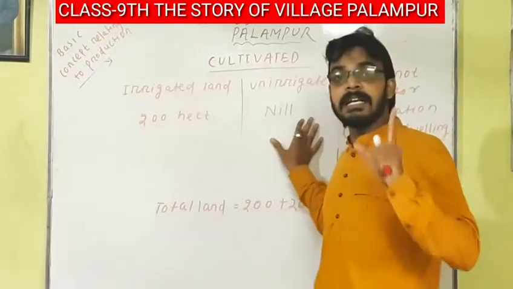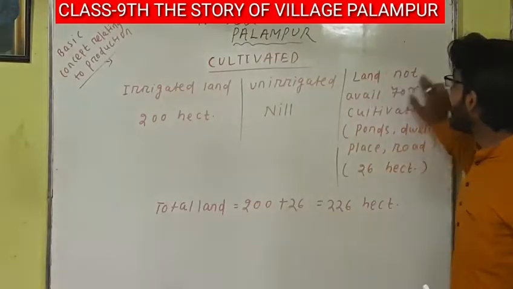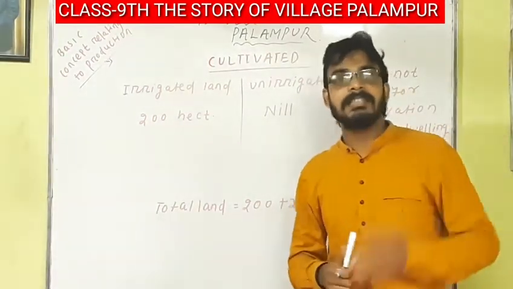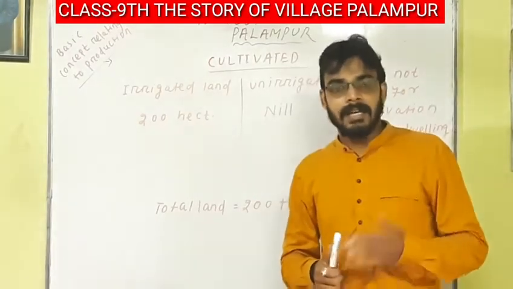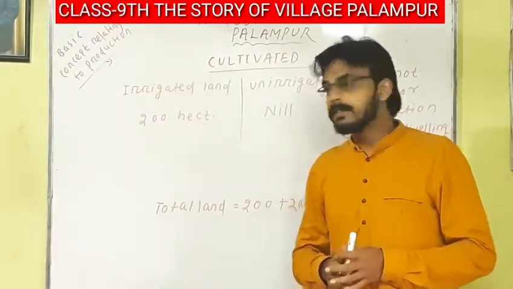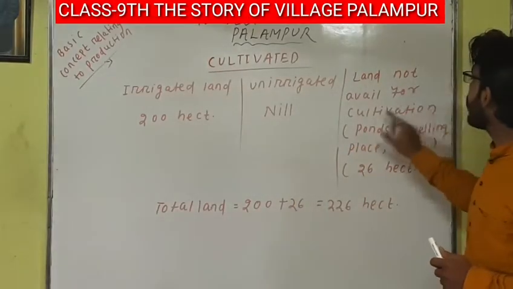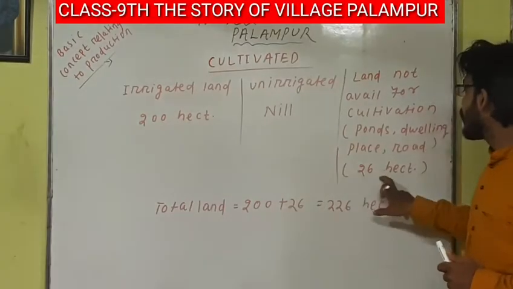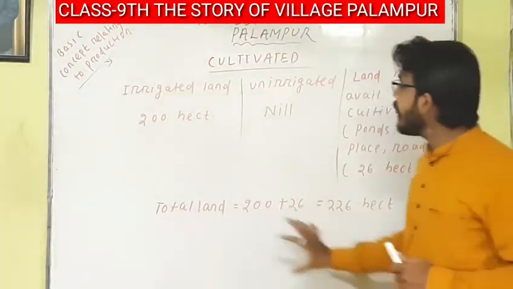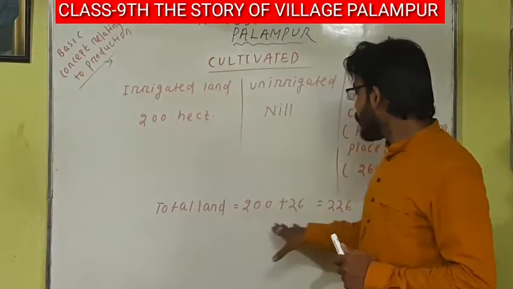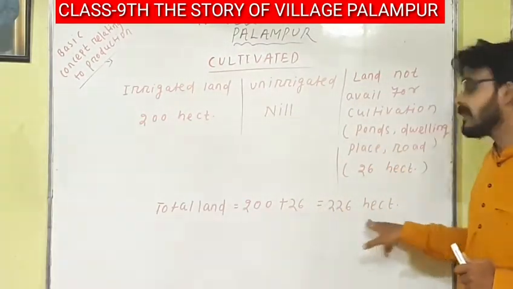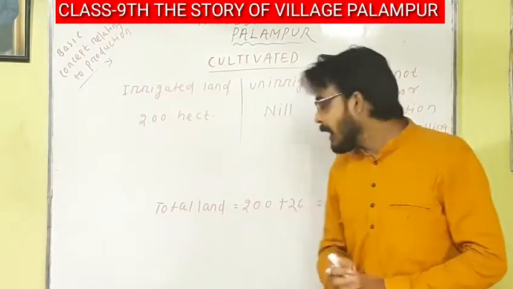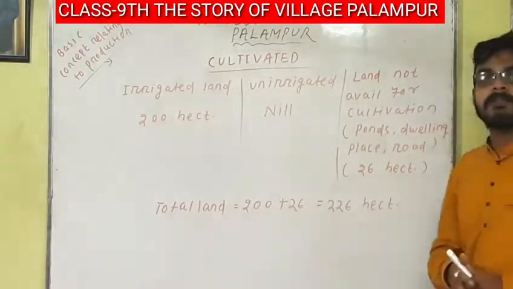Unirrigated land is nil. Land not available for cultivation, such as grazing land for cattle, ponds, dwelling places and roads, is 26 hectares. So the total land is 200 plus 26, that is 226 hectares. So there are 450 families in Palampur and 226 hectares of land.